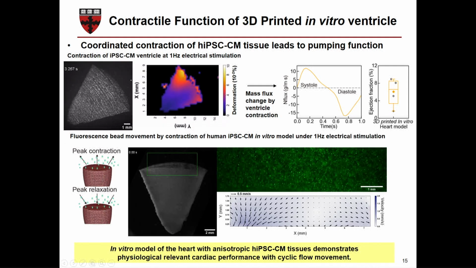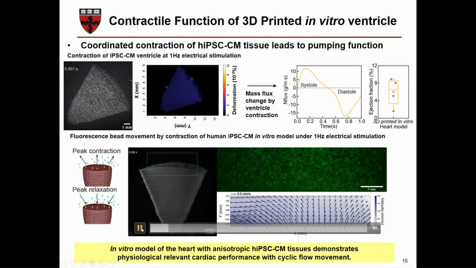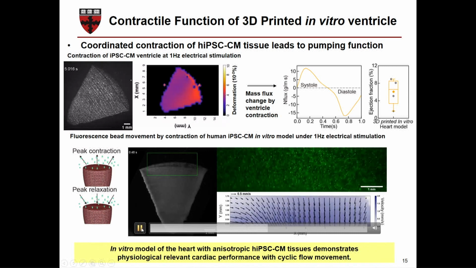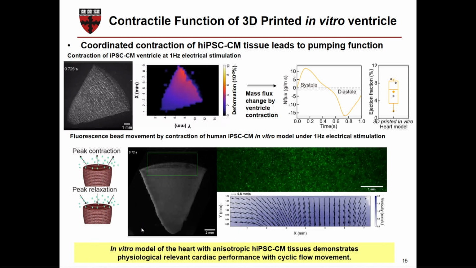So we also want to see the contraction. Here you can slowly see the bead movement around the ventricle. We put the fluorescence beads around the ventricle.